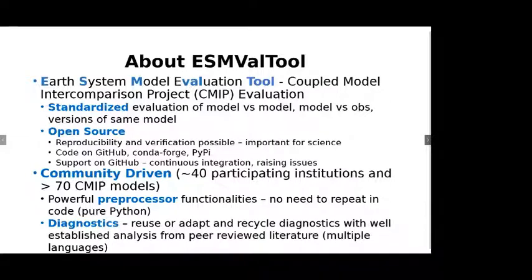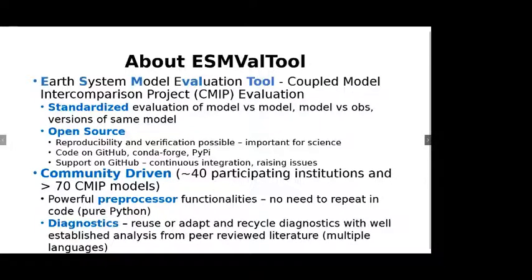In terms of the code structure, it is divided into two operational sub-packages. One is pure Python, the preprocessor, or as we call it, ESMValCore. This is the sub-package that does all the heavy-duty computations, for instance, regridding, multimodel analysis, statistics, masking, all the toolboxes that the diagnostic needs to run.